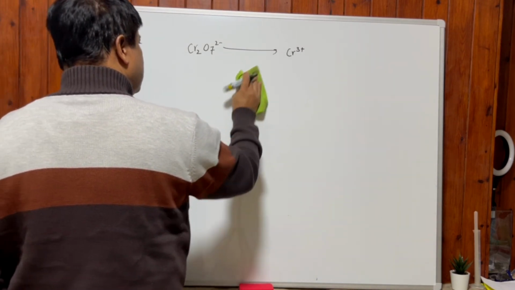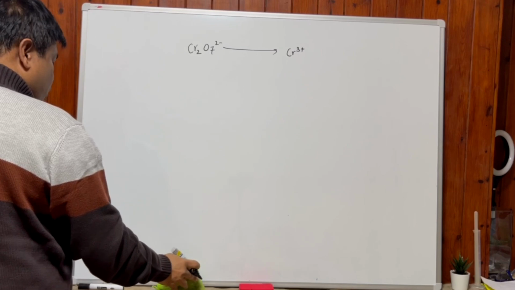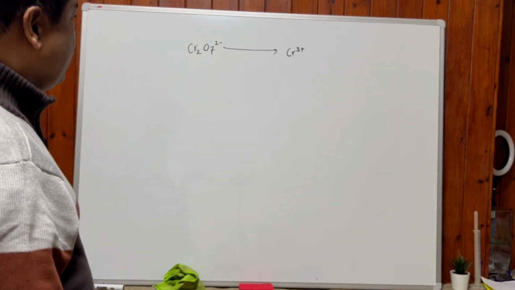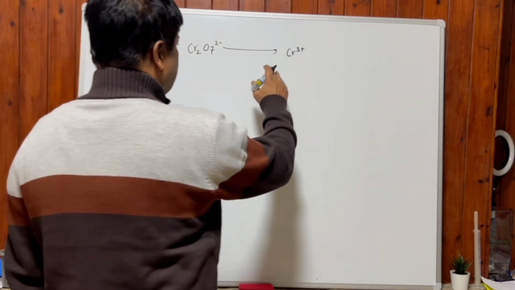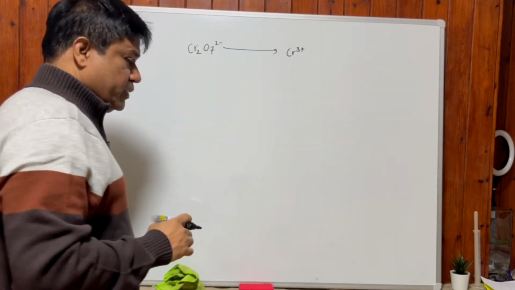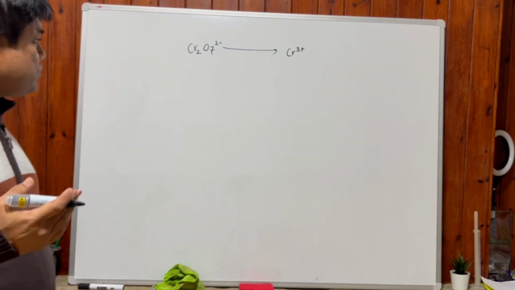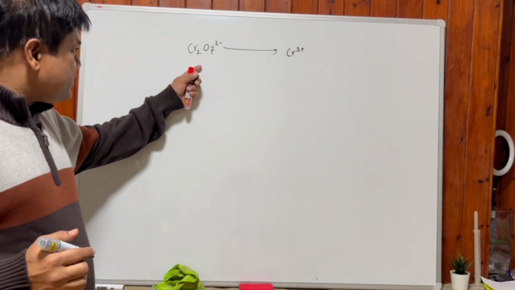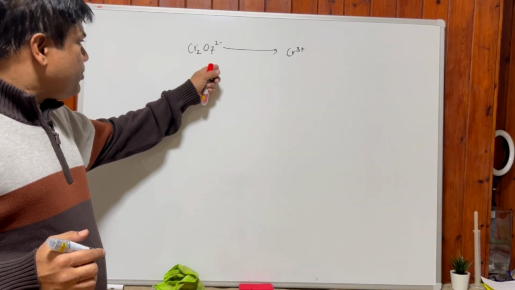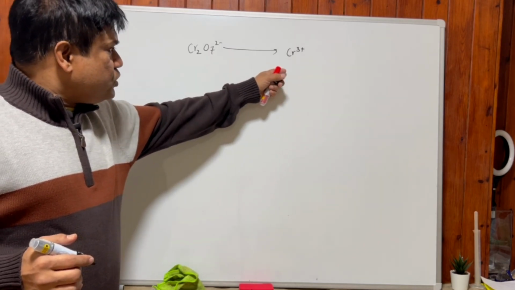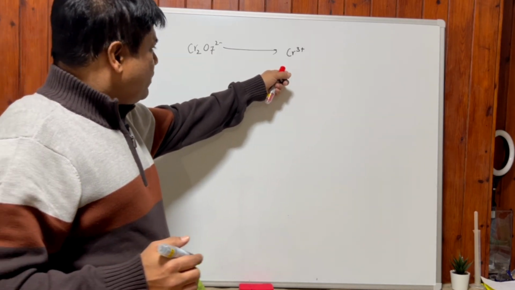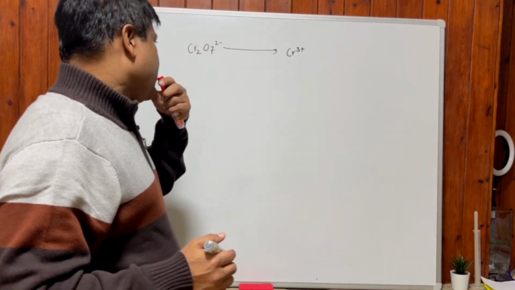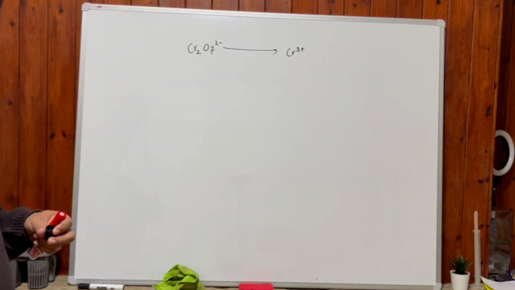Potassium dichromate, which is orange in color. When it oxidizes, its color changes to green. Potassium dichromate is also a well-known oxidizing agent. It oxidizes primary alcohol to aldehyde, which further oxidizes to carboxylic acid.